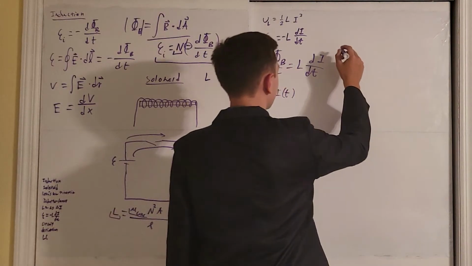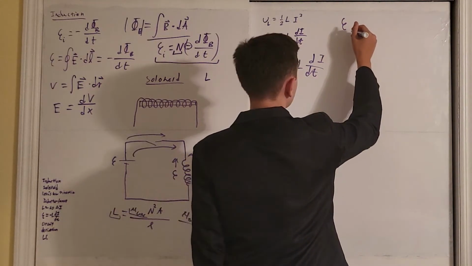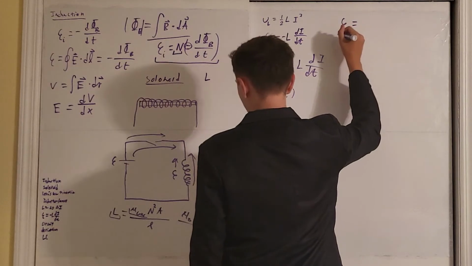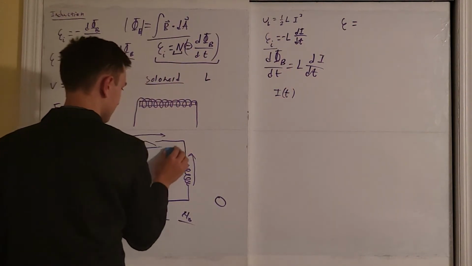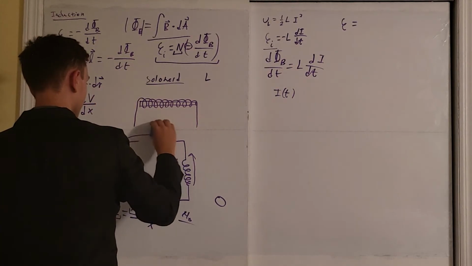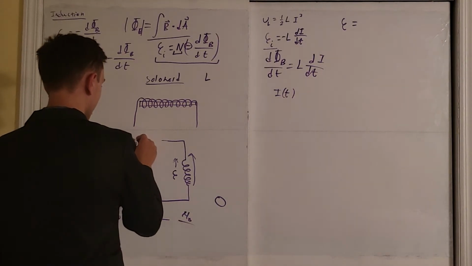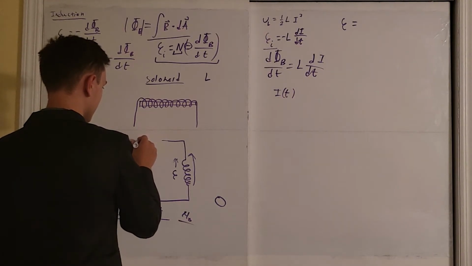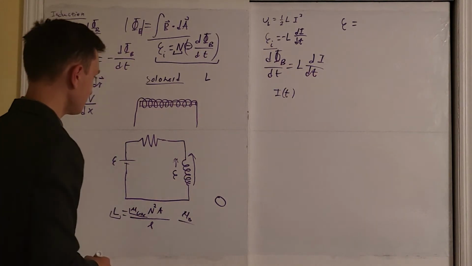Okay, so we say that the total EMF is equal to the EMF supplied by the battery, which is equal to the EMF dissipated by the rest of the circuit. Now this equation is useful in determining the current flowing through an inductor inside a circuit that is comprised of both an inductor and some resistance. Okay?